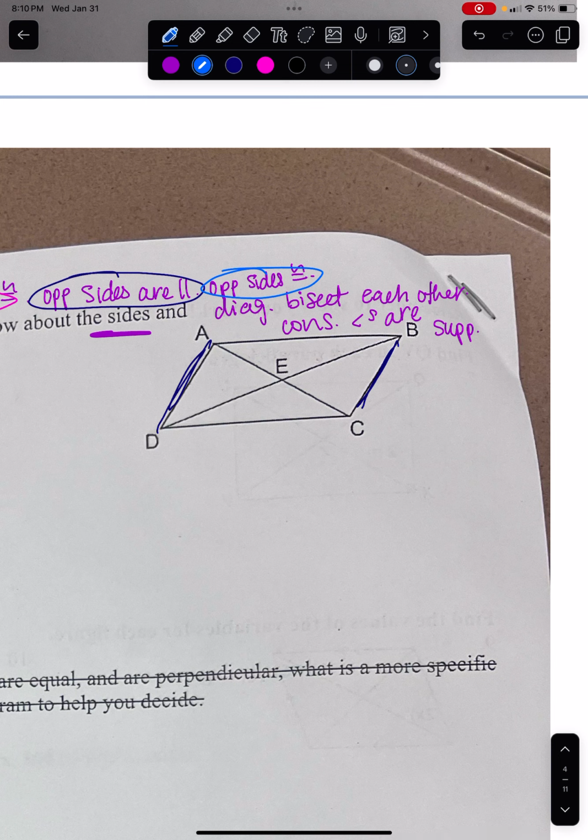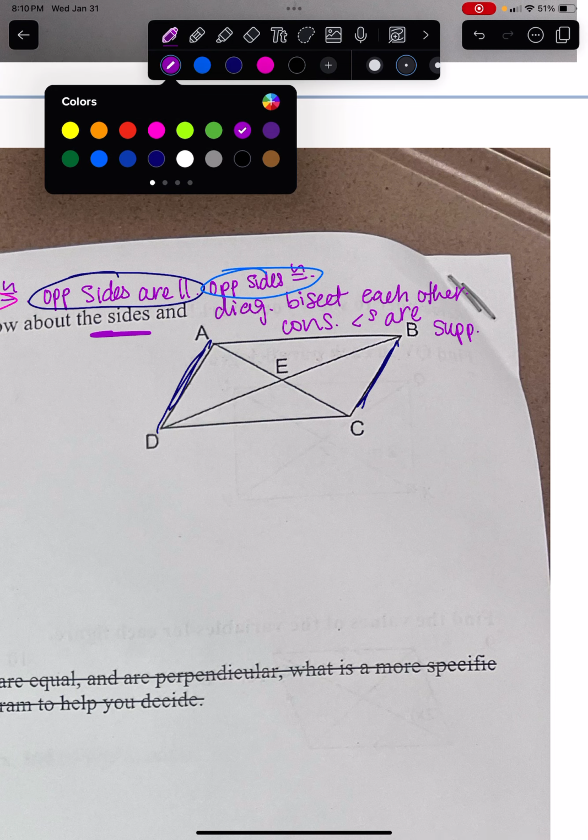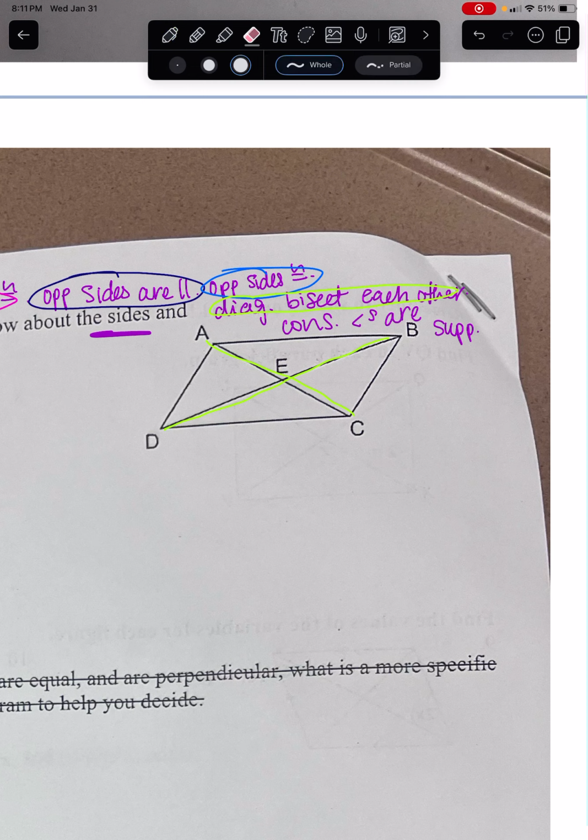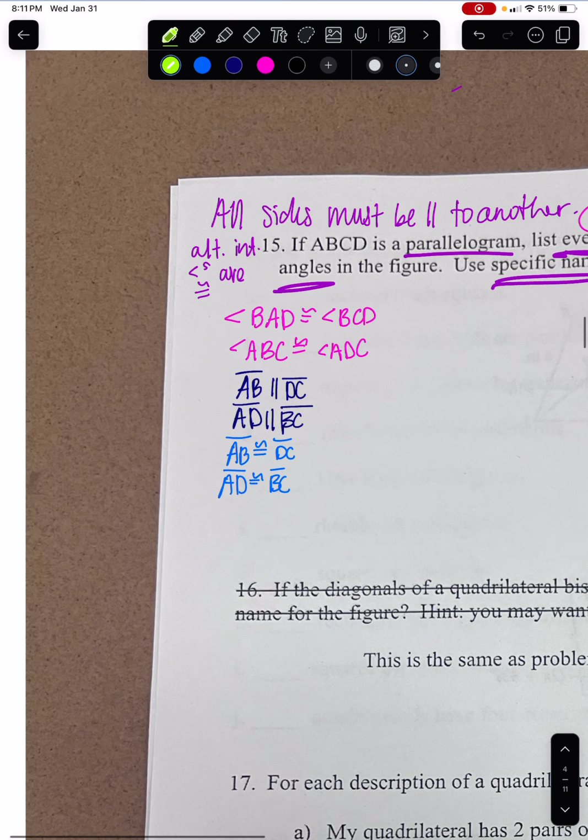What do we have next? Change the color again to this gross yellow. Diagonals bisect each other. So these bisect each other. That means that this can be congruent to that.